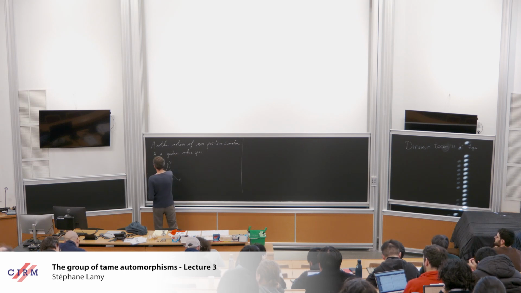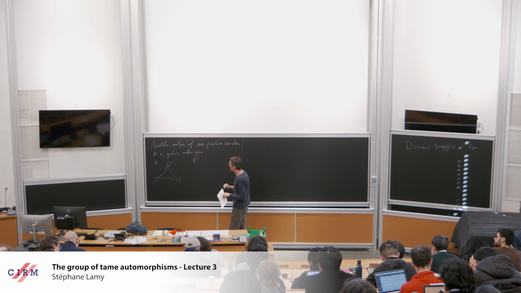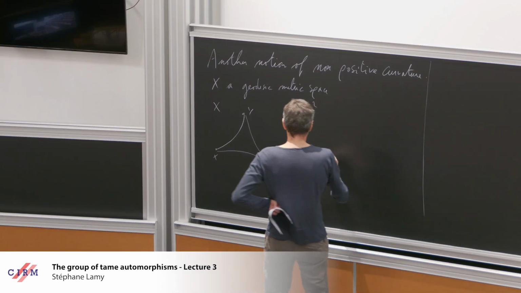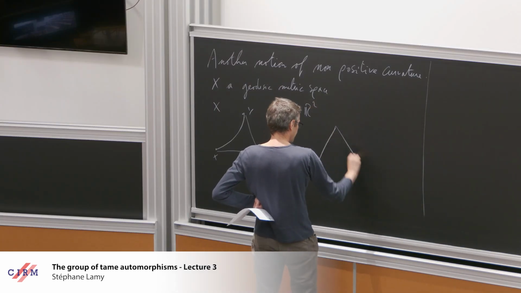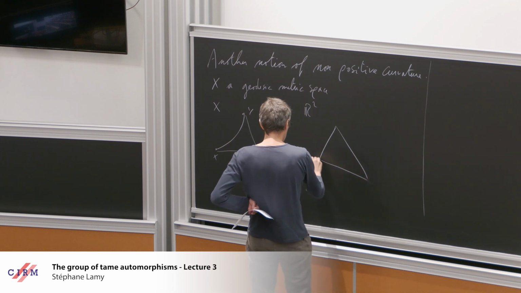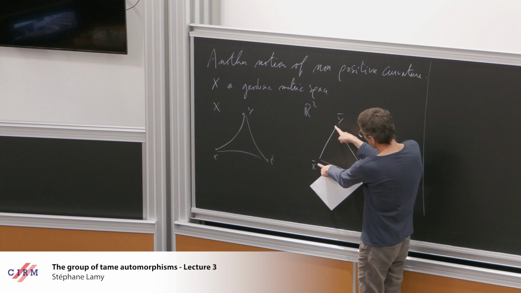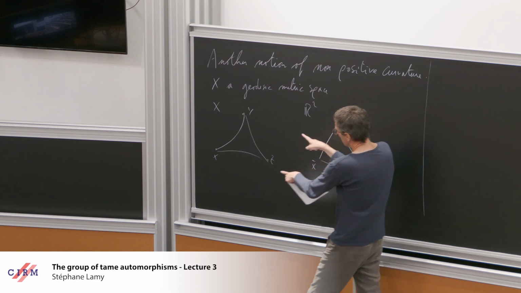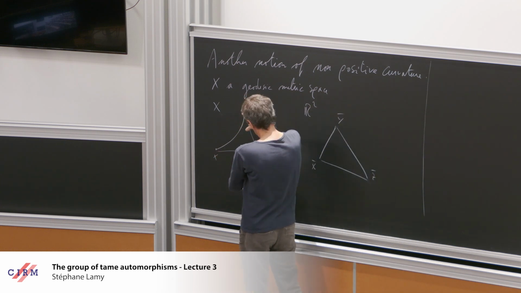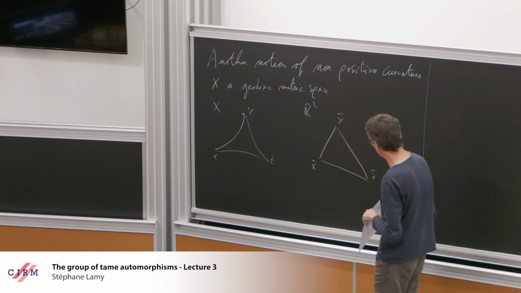Here it's a picture in X, and I have a second picture in R2, the Euclidean R2, and I have my comparison triangle, a triangle X bar, Y bar, Z bar, such that each Euclidean distance is the same as the corresponding distance in X.